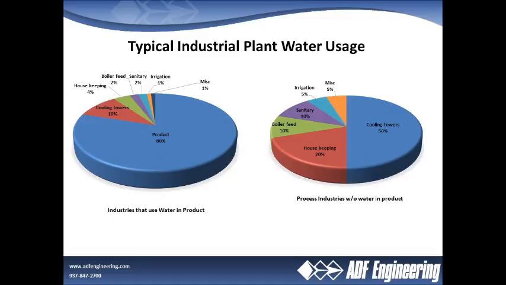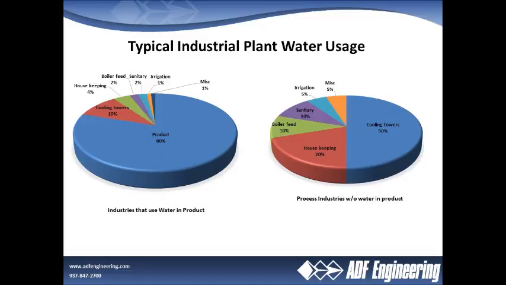So the first one is typical industrial plant water usage. On the left side, I have a pie chart for a typical facility that has water that goes in the product, and an example would be a brewery or a beverage manufacturing facility. The blue portion, as you can see, is the biggest portion: water that goes out as product.